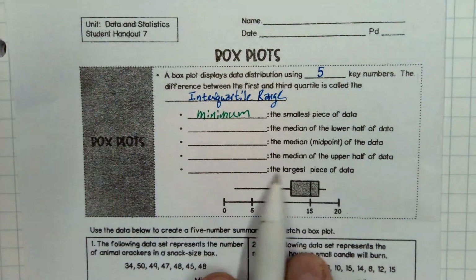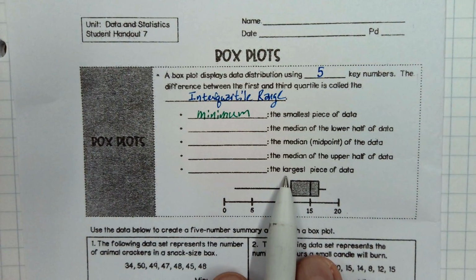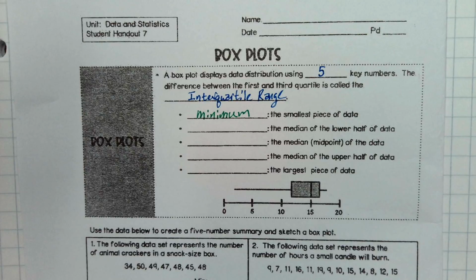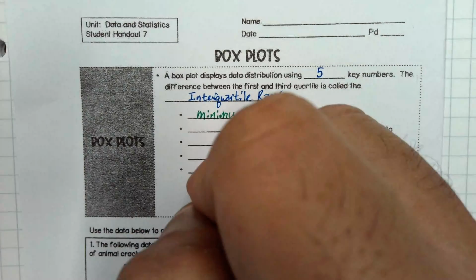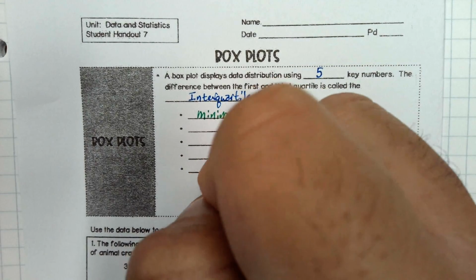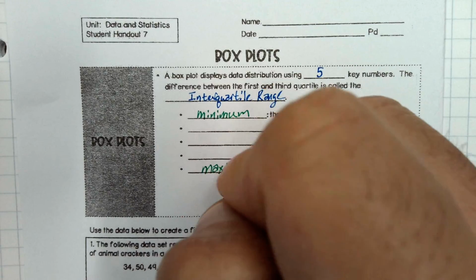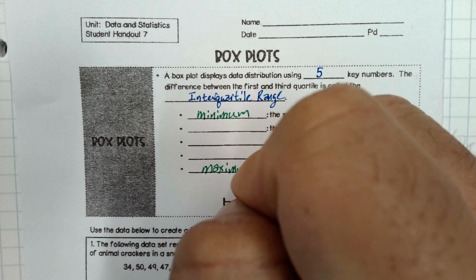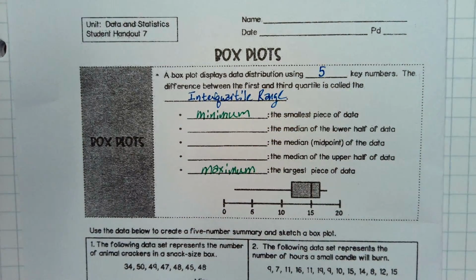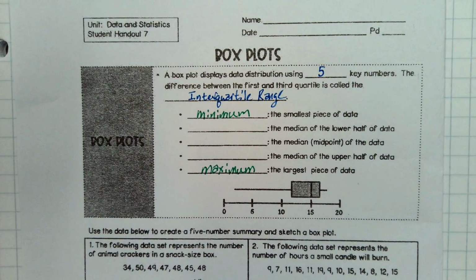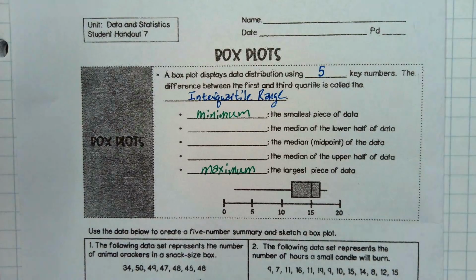The largest piece, the last thing, guess what we call it? If we have a minimum, we're going to have a maximum. Math is logical that way. Okay, so we got a minimum and maximum. Usually, those are the ones we find first because they're easy to find. We got to make sure our data is in order. It's sorted out, least to greatest.